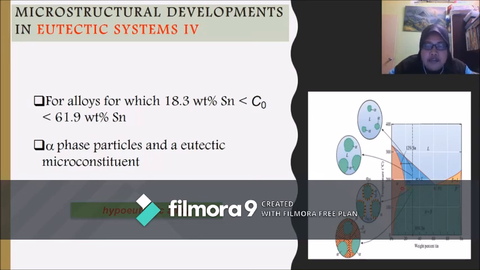At 184 degrees Celsius, the liquid contains the eutectic composition. When the alloy is cooled below 183 degrees Celsius, all of the remaining liquid goes through the eutectic reaction and transforms to a lamellar mixture of alpha plus beta.